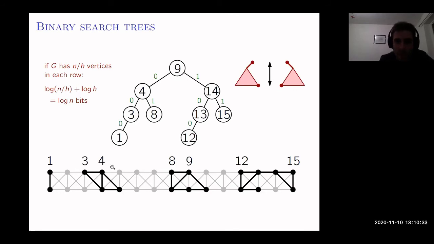Well, when you jump from one row to the other row, some new vertices appear. Maybe this vertex appears. And as I told you, inserting new keys in a binary search tree, you can always do that at the leaves. But if you insert a new node at the leaf, you don't touch anything. So you don't change the position of the vertices. So this is good.